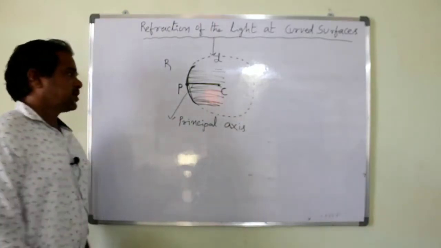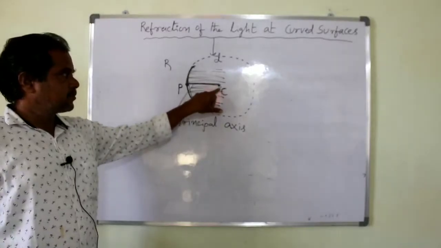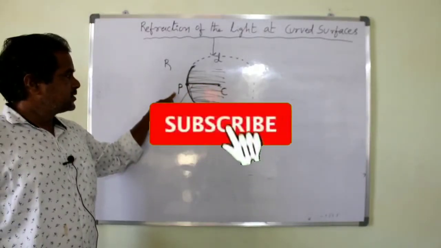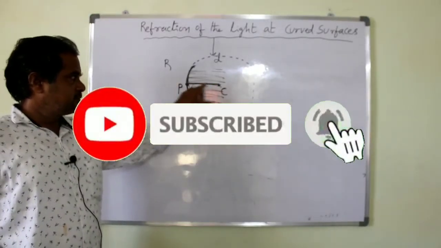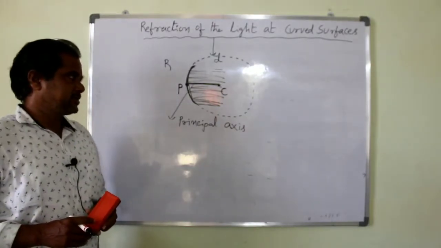So these are the parts of a curved surface. One is the center of curvature, the second is the pole, and the line passing through P and C is called the principal axis.